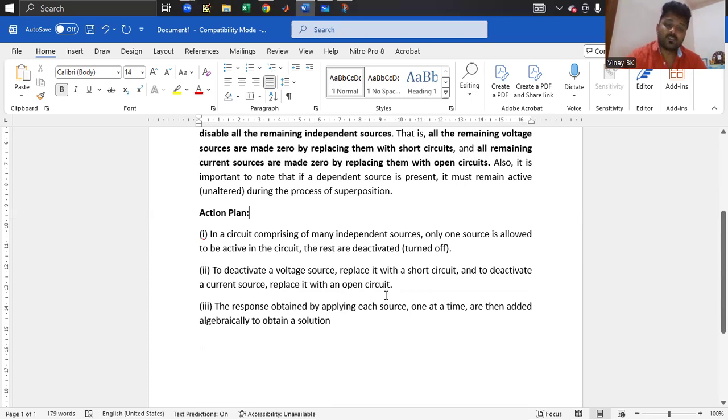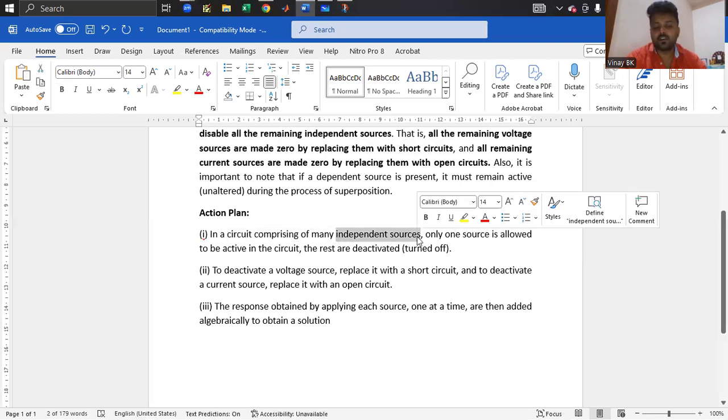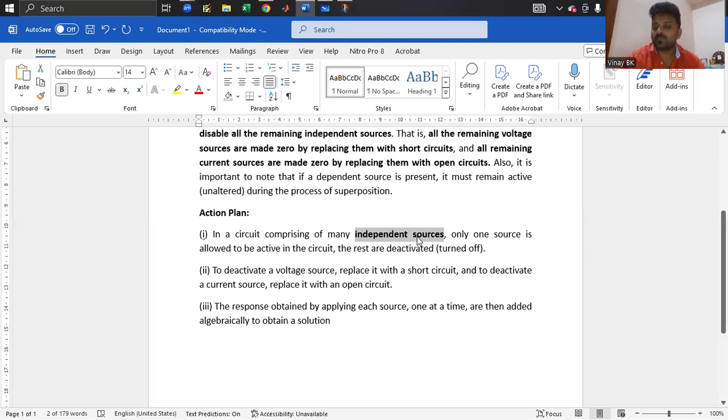So the action plan, the procedure to solve the problem: consider a circuit comprising many independent sources, which means the circuit has more than one independent source. In that case, only one source is allowed to be active. One source is acting alone and the rest of the sources will be deactivated, that is, turned off.